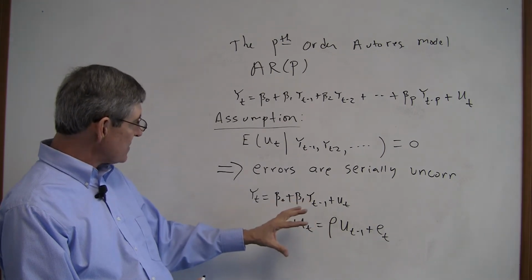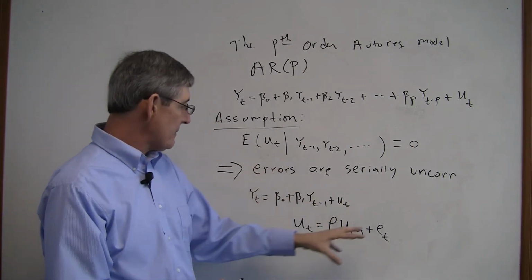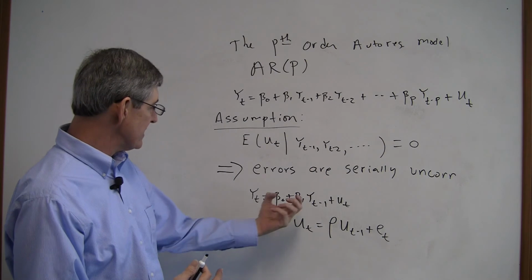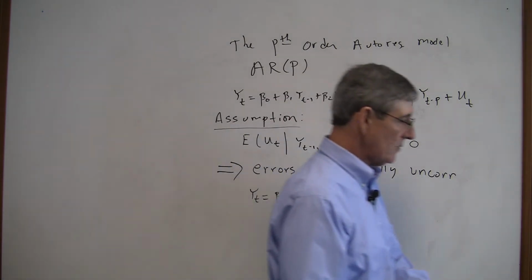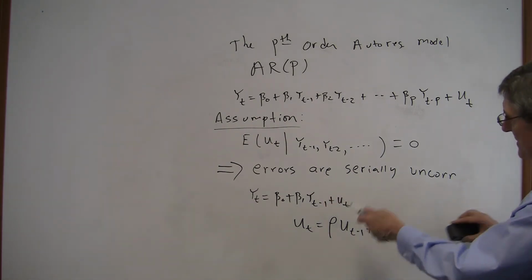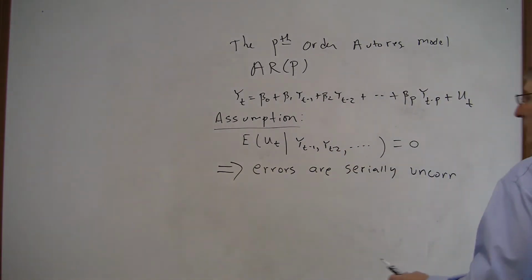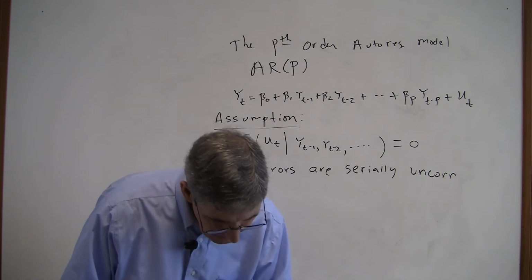So in this case, this assumption wouldn't be satisfied. We'll talk about this in chapter 15: how do you solve it so you can estimate this properly? We'll talk about how to do that later. But the implicit assumption here is that the errors are serially uncorrelated.